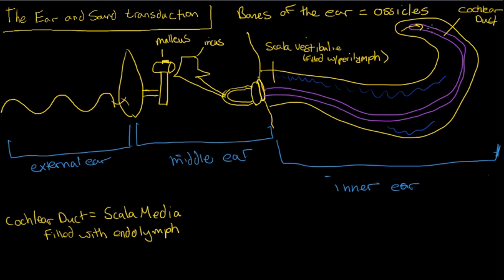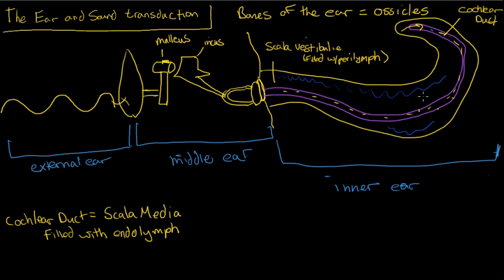So it's going to travel through the inside of here, and be transmitted along these hair cells that are in the basal membrane here of the cochlear duct. So right here and right here, all along the basal membrane, you have hair cells that are transducing these sound vibrations.